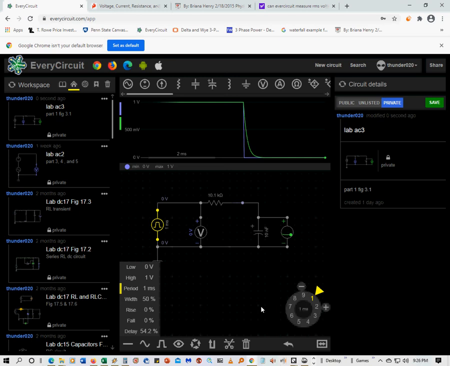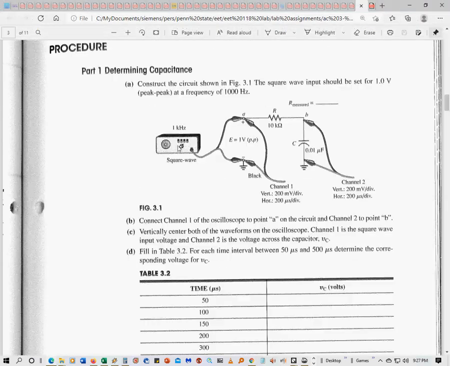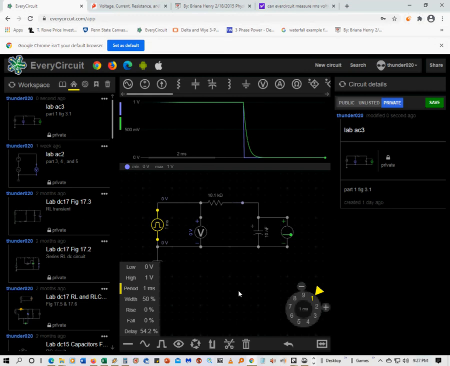Unfortunately, in every circuit, it doesn't tell you what the frequency is, so you have to figure that out if you're asked to give a certain frequency. 1 divided by 1,000, because that's the setup of this circuit, 1 kilohertz, is 1 millisecond.